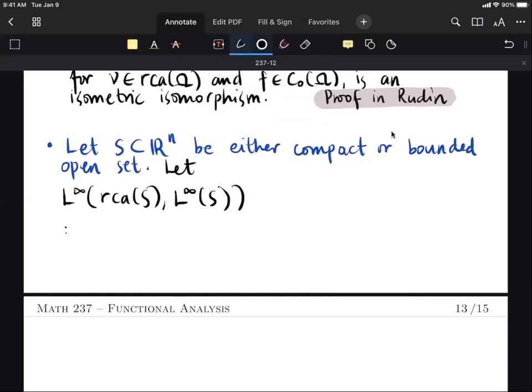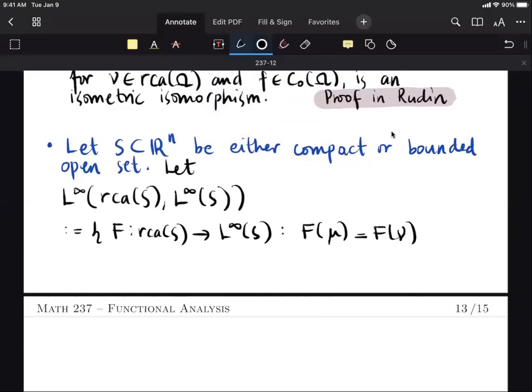So this is the set of all functions f from RCA into L infinity such that f of mu is equal to f of nu, these are L infinity functions, mu almost everywhere, whenever mu is absolutely continuous with respect to nu.